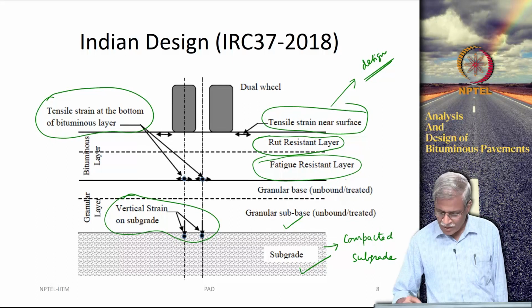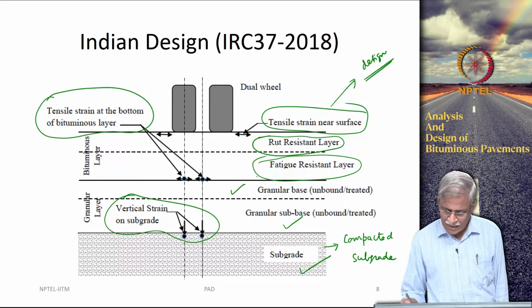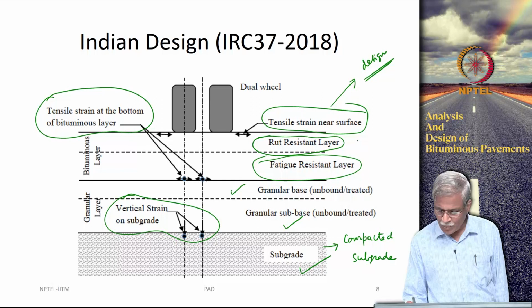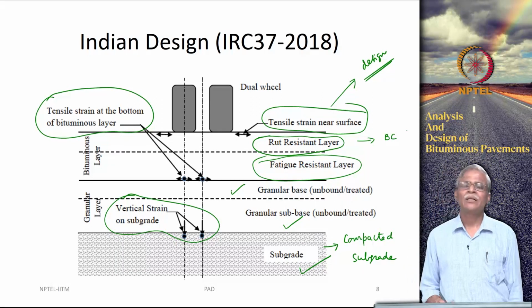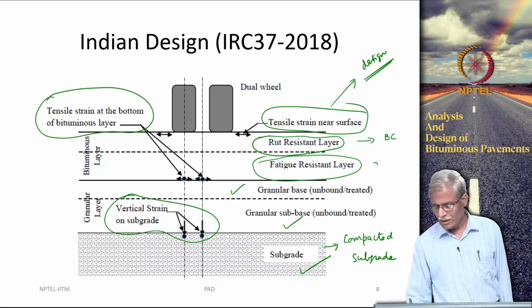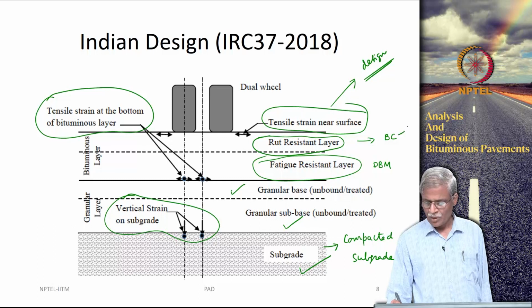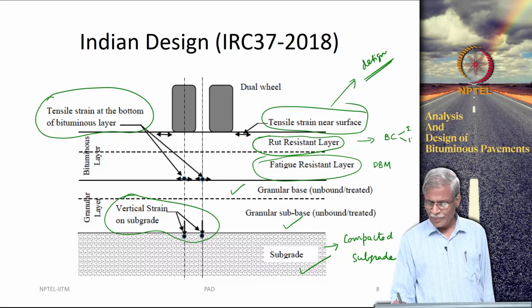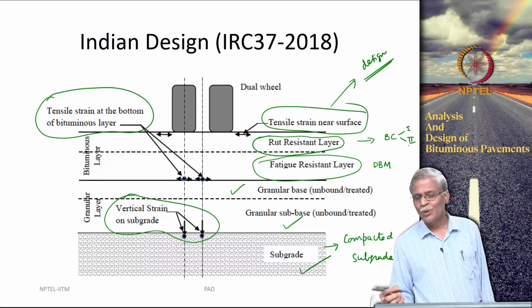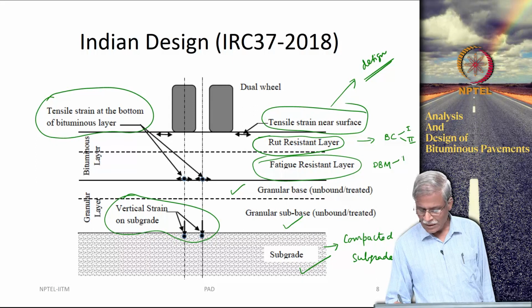Then you have a base here, and then there are two bituminous layers. Okay. So, what we call in India as bituminous concrete, and this could be called as dense bituminous macadam. So, there are going to be two grades here depending on the binder content used and the gradation that is used here.